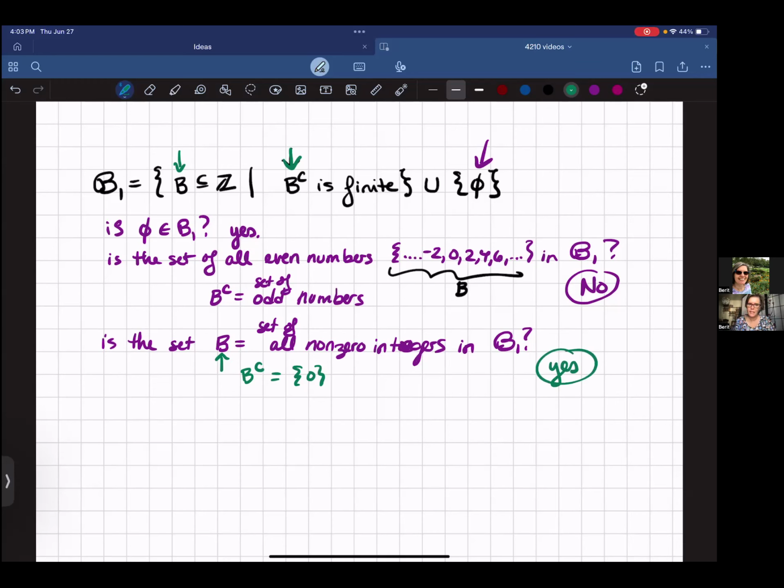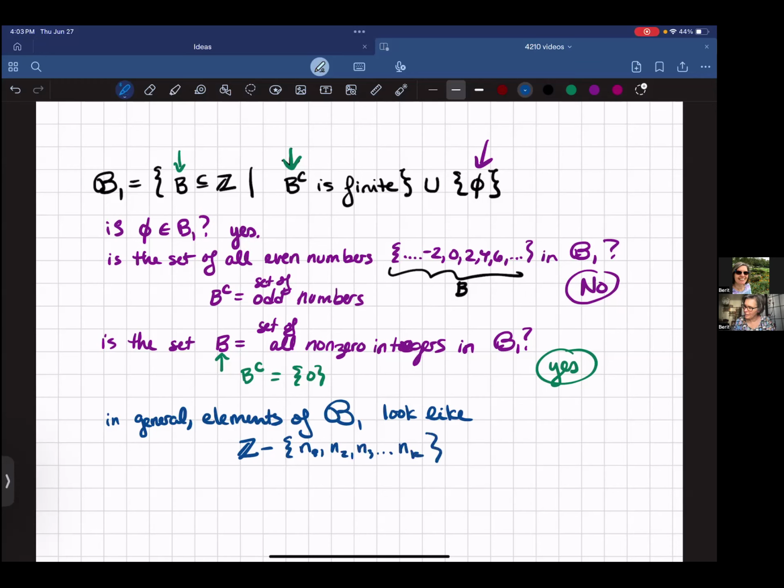Okay, so in general, if you think about it, you can kind of see that elements of script B1 have to look like Z minus just a few things, n1, n2, n3, up to nk.